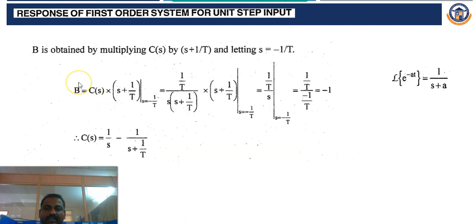For obtaining the second term B, we put s equal to minus 1 by T, and B comes out as minus 1.